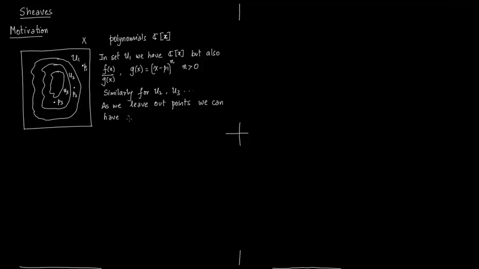So as we leave out points, we can form a richer set of functions on the smaller set. On the entire plane you can only talk about polynomials. You cannot talk about rational functions because the denominator will have certain poles in the plane since the complex polynomial splits. So when you take smaller and smaller sets, you get a richer set of functions.